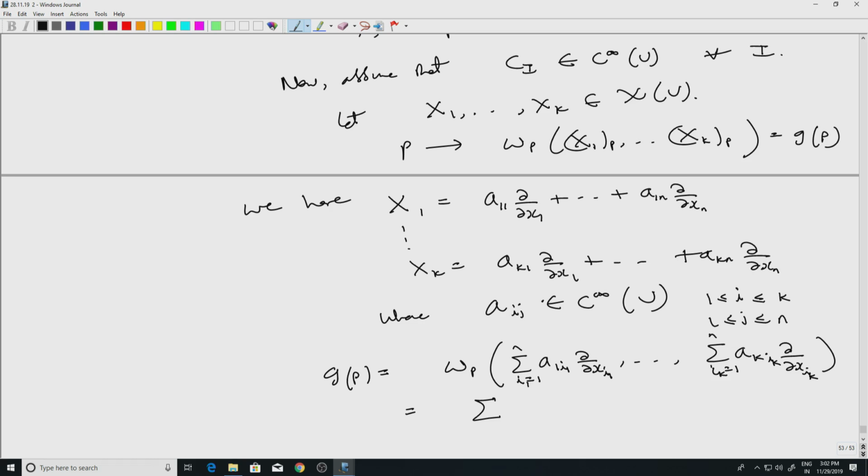So using multilinearity, one gets a1I1, ..., akIk, the product of all these coefficient functions, and then omega p. Since I have taken p, I have to put a p here as well.